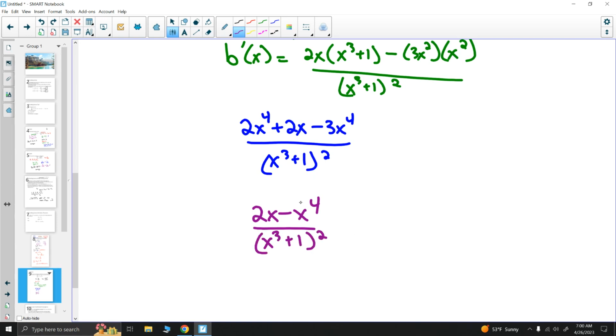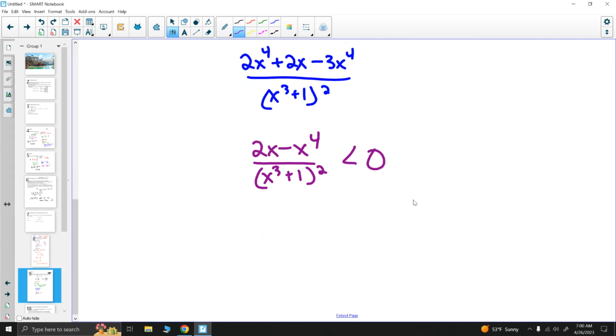Now we want to know, when is this derivative less than 0? Because that would mean it's decreasing. So if you remember, when we're talking about inequalities, we basically have to think about critical values, and critical values are found at points when the function is undefined, and points when the function is equal to 0.